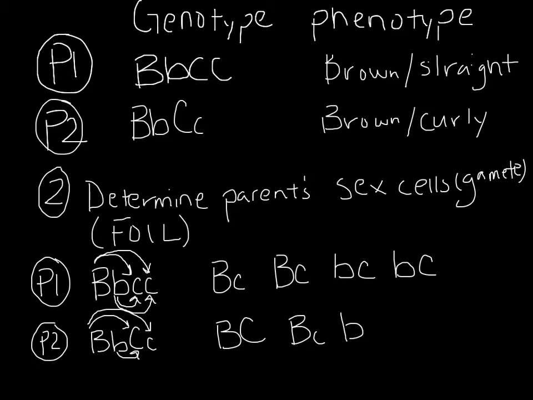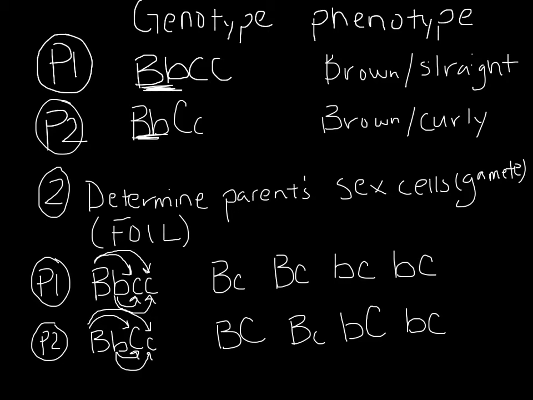Because I chose to do hair color first, that was the trait I chose as my trait number 1. I made that decision all the way back in the beginning. I'm going to keep the hair color first in my gametes as well. So it's going to be little b, big C. And then finally the L would be little b, little c. And that's how you determine the parent's gametes.